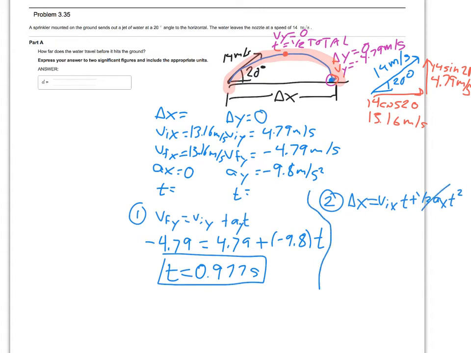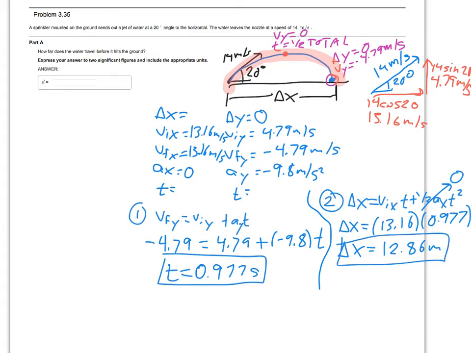I know that that final term goes away because my x acceleration is 0. And so my horizontal displacement is just going to be that x velocity, 13.16, multiplied by my time, 0.977. And I end up getting that my x displacement is going to be 12.86 meters. Rounded to 2 sig figs, as the question asks, it ends up being 13 meters.